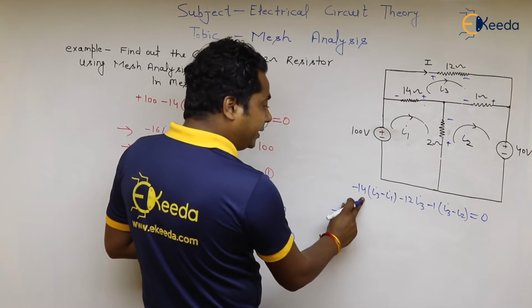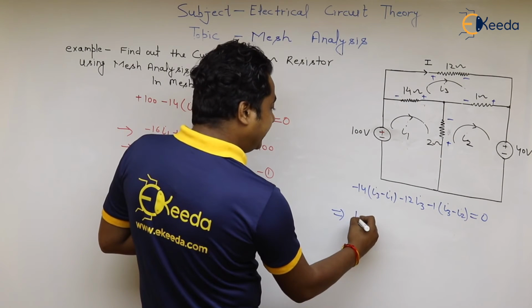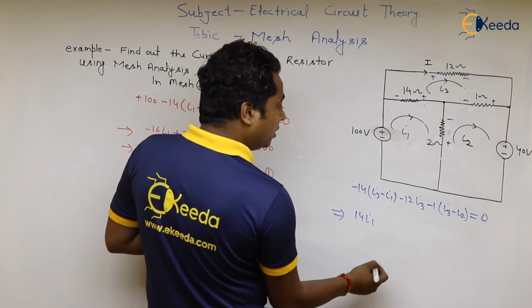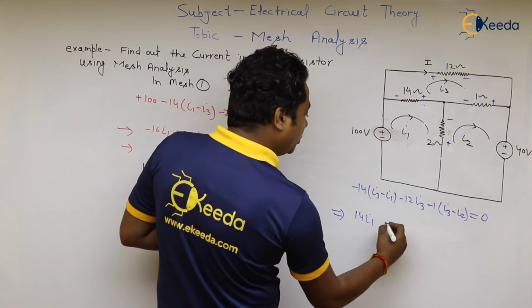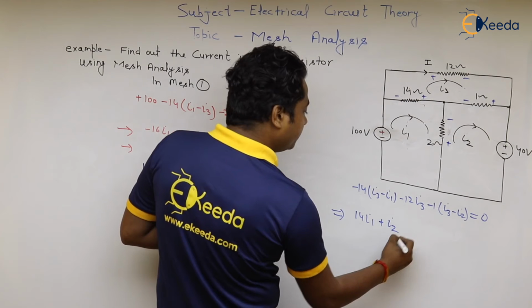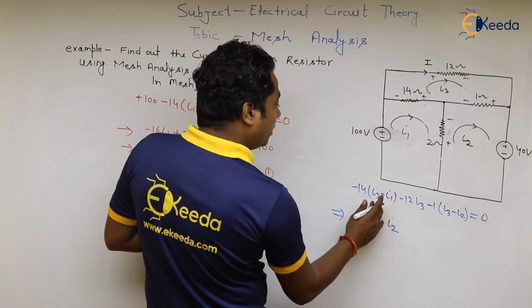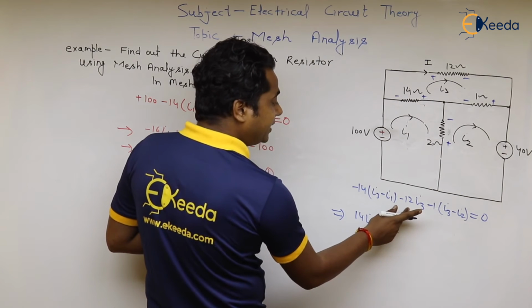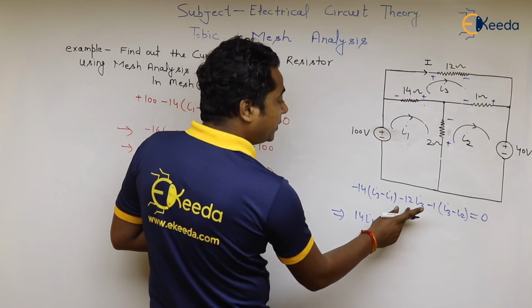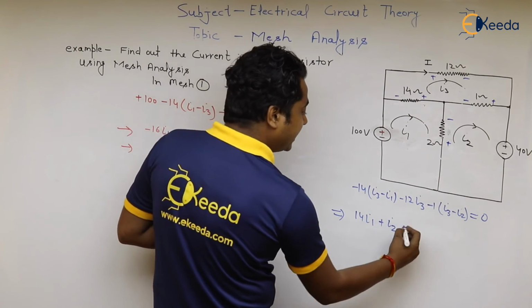We can simplify. Plus 14 I1 plus I2 minus 14 I3 minus 12 I3. This is minus 26 minus 27.